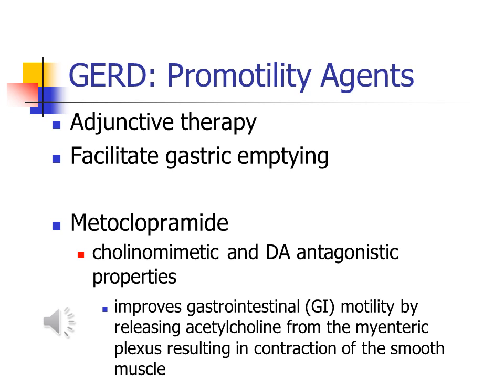And metoclopramide is a cholinomimetic and a dopamine antagonist as well. And those two properties allow for improved gastrointestinal motility, and it's all based on acetylcholine. So it increases acetylcholine release from the myenteric plexus, and that causes a contraction of the smooth muscle and causes that increased gastric motility, moving everything out.